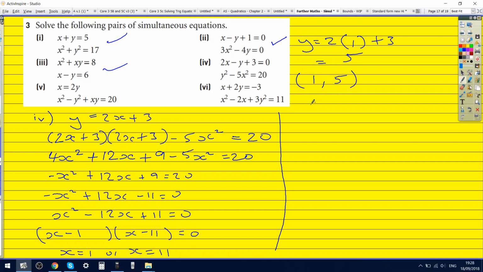Then we assume x is 11. So y is 2 times 11 plus 3, 22, 23, 24, 25. So y equals 25, so the coordinates would be 11, 25. That's it. Any questions there? No, that's fine.